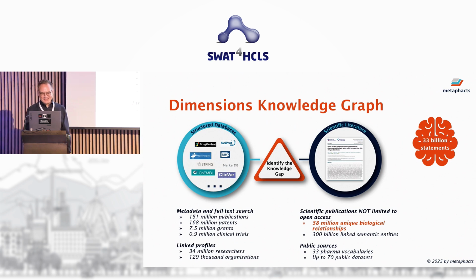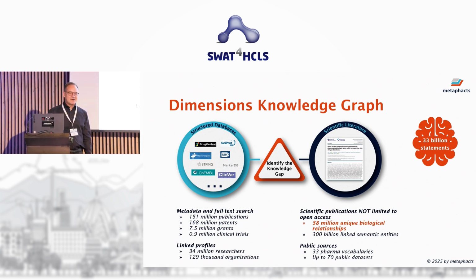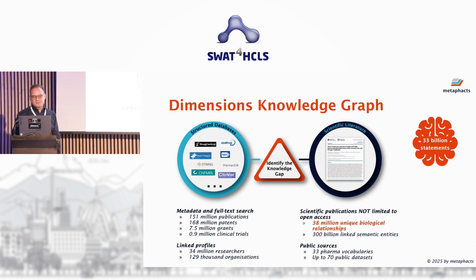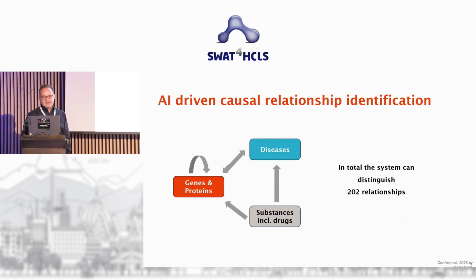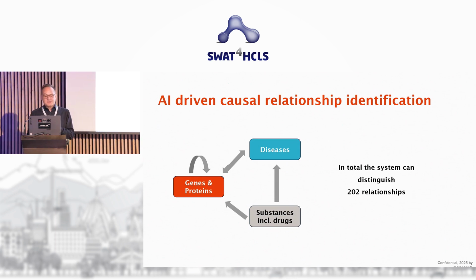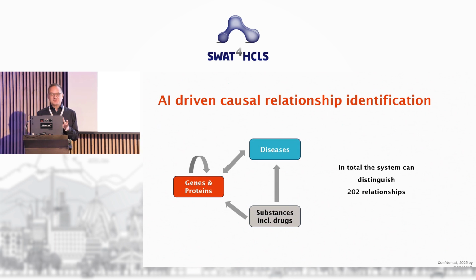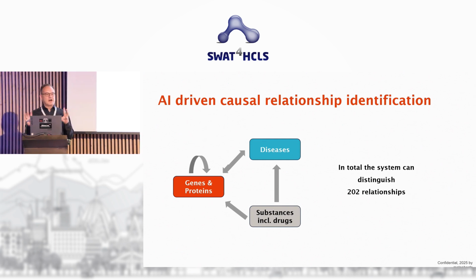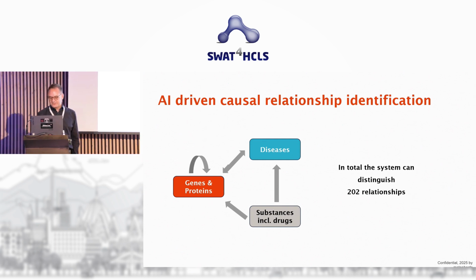But to keep the tension high, I will first explain how we did this relationship identification for drug developers. These people are mainly interested in the relationships between genes, proteins, diseases, and substances, including drugs, and how they are associated with each other.